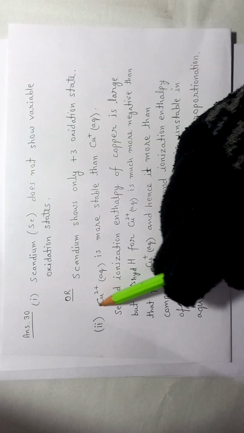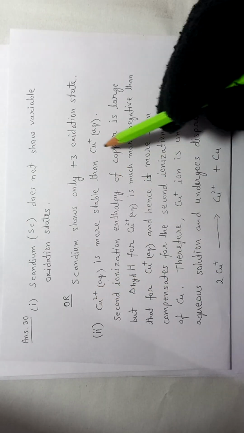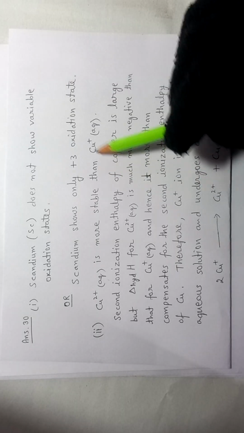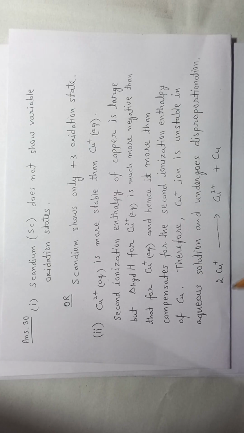But when it becomes 2+, the hydration enthalpy is more than that. So the increase in hydration enthalpy more than compensates for the second ionization enthalpy of copper. Therefore, Cu+ ion is unstable in aqueous solution and it undergoes disproportionation according to this reaction: 2 Cu+ gives Cu2+ and Cu solid.